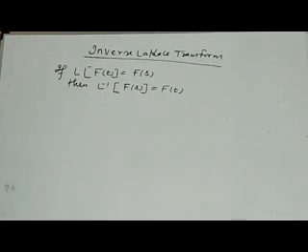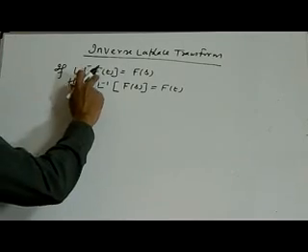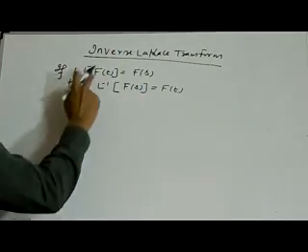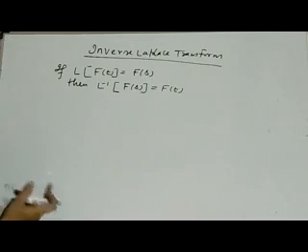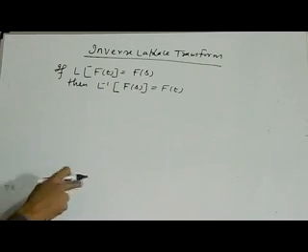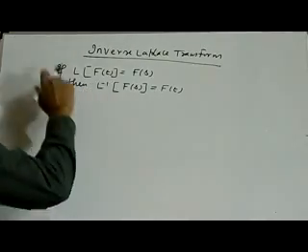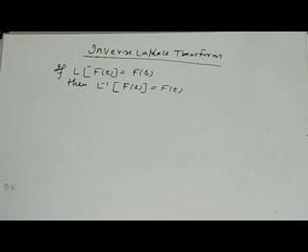It means that if the Laplace transformation of the function is given to us as F(s), we have to find the corresponding function. That is what we call the inverse Laplace transformation.